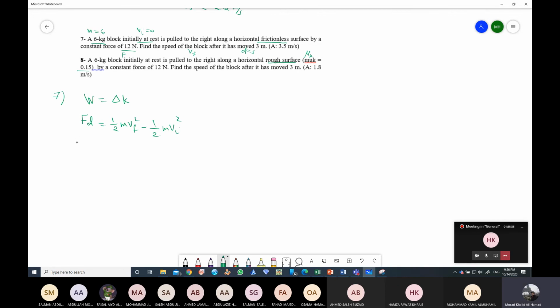F is equal to 12. Okay, v initial equals 0, so we can eliminate this one. He's looking for V final. So V final is equal to the square root of 2FD over M, which equals 2 times 12 times 3 over 6.